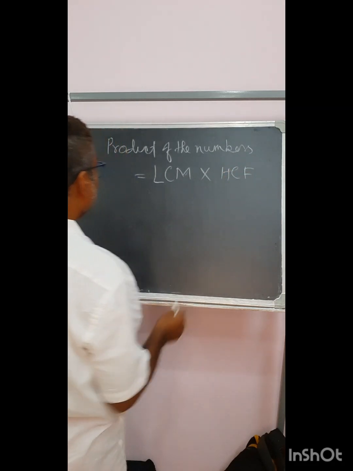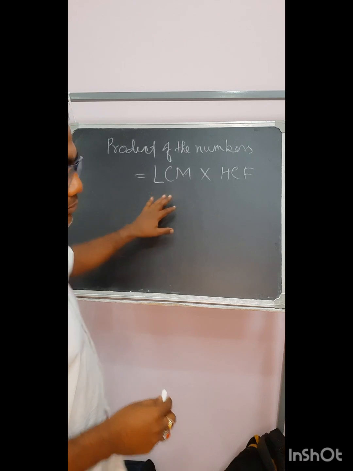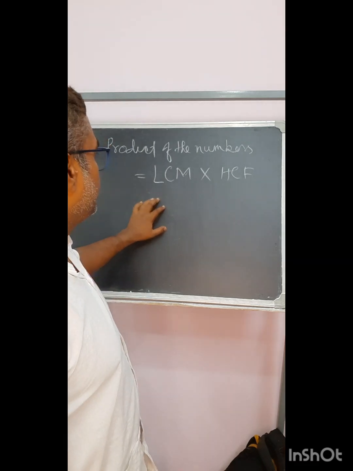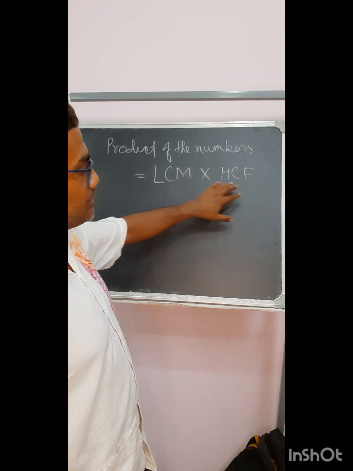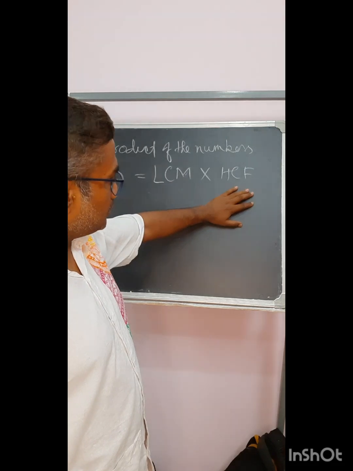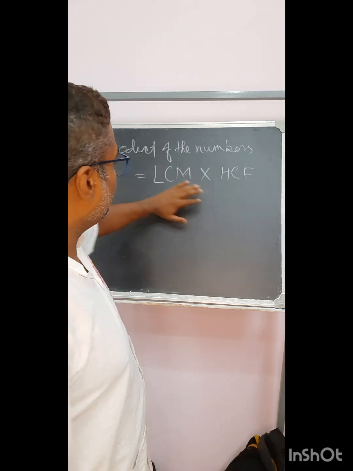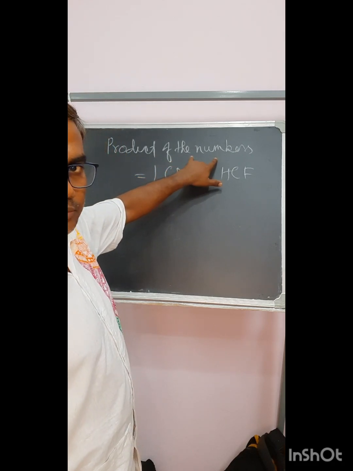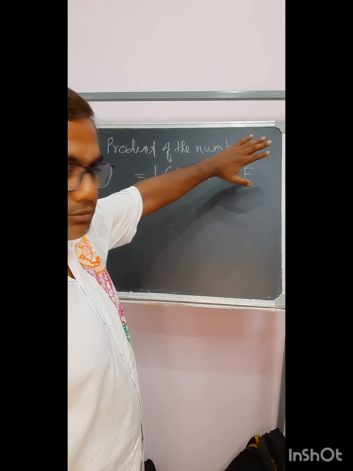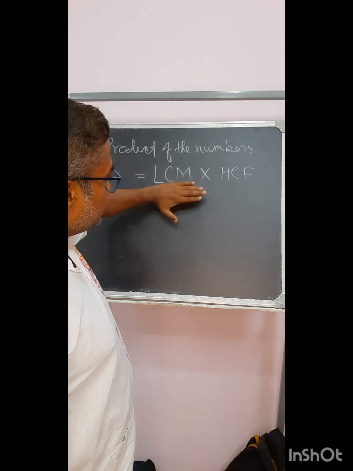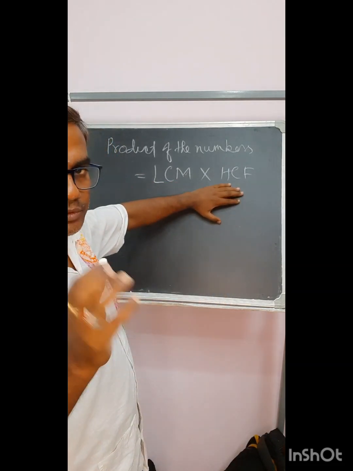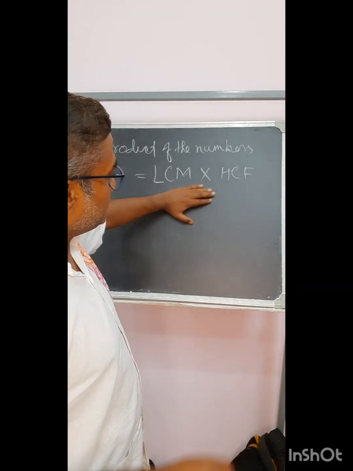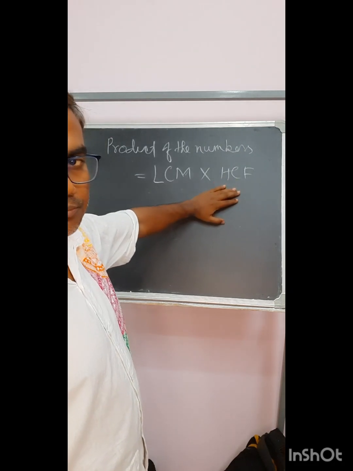That means if any two numbers are given for which the LCM and HCF have to be calculated, then the product of those numbers gives the same result as the product of their LCM and HCF.